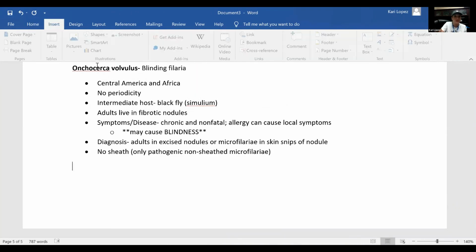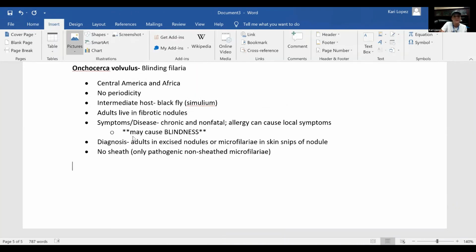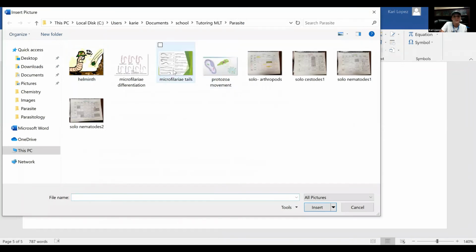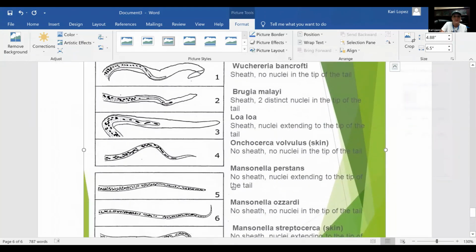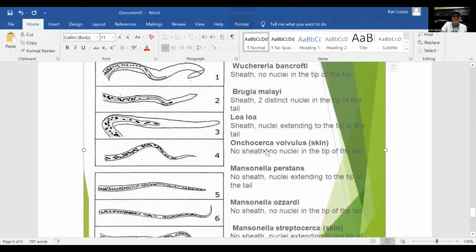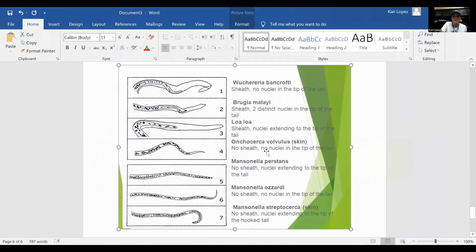Here's a nice little chart that has them all on it that I can send you all as well. Okay. So it shows which ones are sheathed and not sheathed, and the different nuclei patterns.